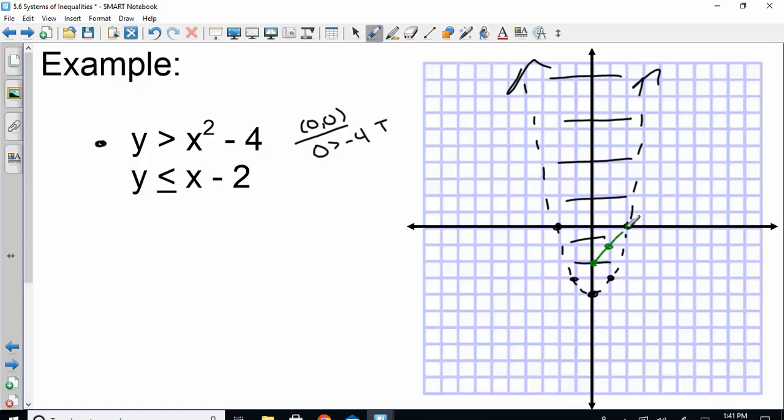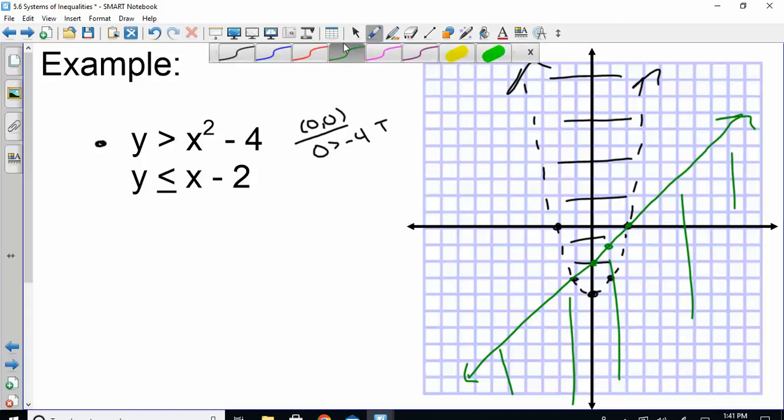Slope is 1. Solid because of the equal to. Which side of this line do we shade? Less than is below. So what's the overlap? This little part inside our circle here.